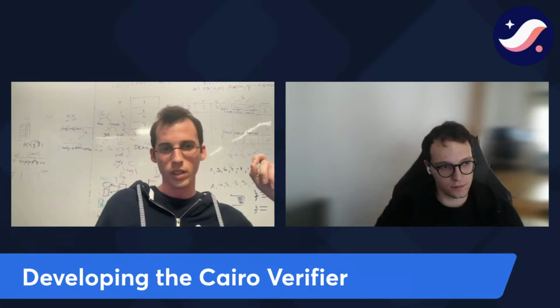Anyway, it's used in SHARP, in StarkWare's prover, in the recursive proving mechanism. So we use the Cairo verifier, and this verifier is written in Cairo 0 because it was written quite a while ago. And there is actually a good chance the Cairo 0 verifier will be rewritten in Cairo 1. Again, because Cairo 1 is just a much better language.